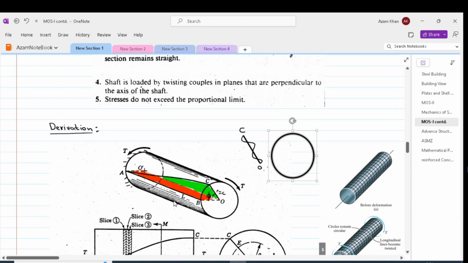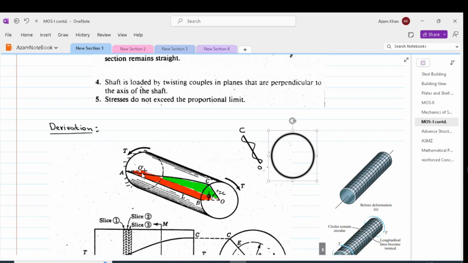So in our figure, OBAO prime is actually an element. This element has two sides on two cross sections, OB on the free end cross section and AO prime at the fixed end cross section. And there are two longitudinal sides of this element. One is AB, which is along the longitudinal axis, and one is O prime O, which is along the center of the shaft. And that's also along the longitudinal axis.